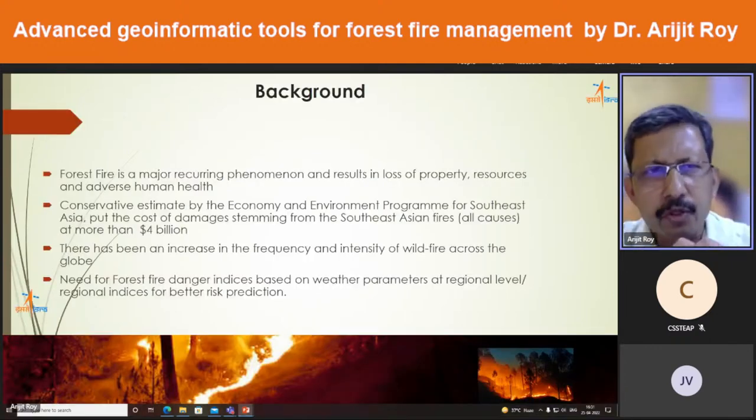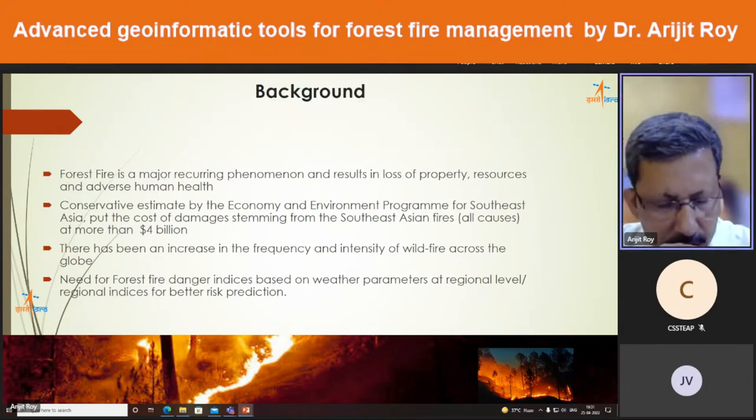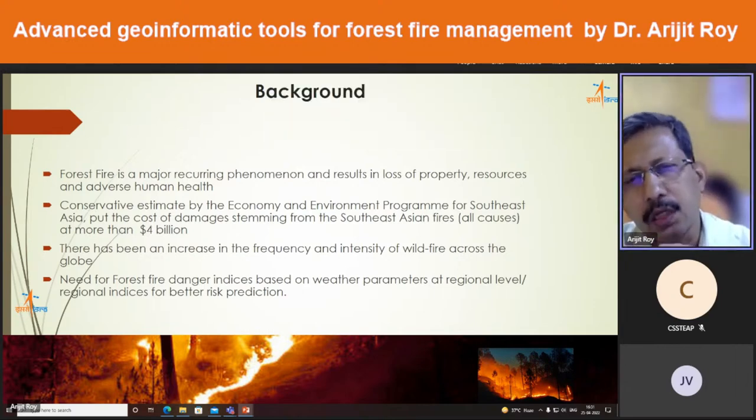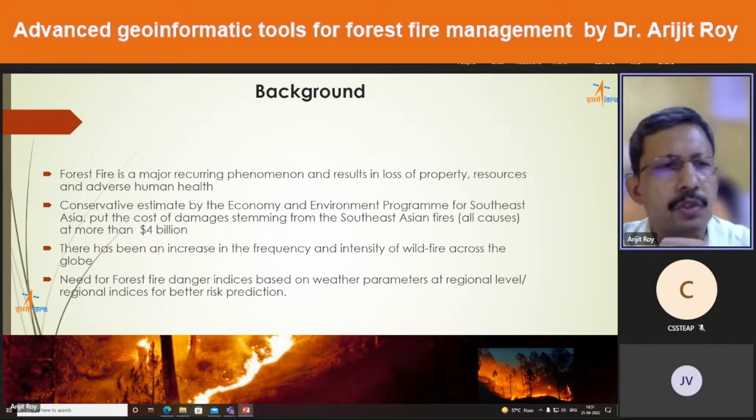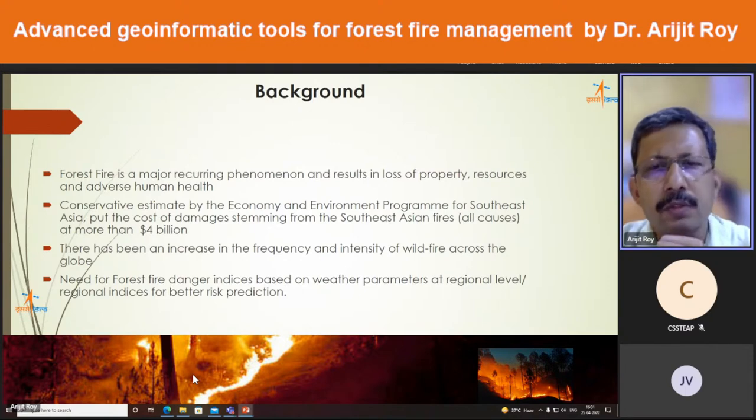If we talk about forest fire, it's a major recurring problem and it results in loss of life, property, resources, and also creates an environment which is adverse to human health. A conservative estimate by the Economy and Environment Program of Southeast Asia has put the cost of damage because of the South Asian forest fires at more than $4 billion US.